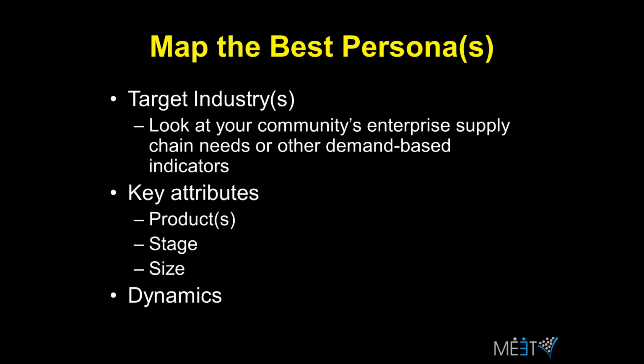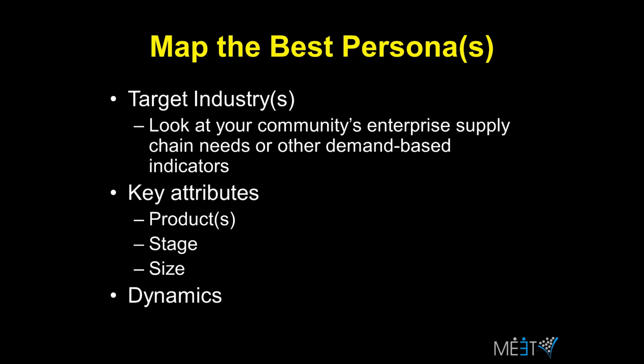So within that, of course, in developing the persona, hopefully we've answered the target industry question. Then we look at the companies and what are the key attributes of the company and also the individual who would make the decision. What products or services do they sell? What stage are they at? How big are they? Are there market dynamics that are happening?